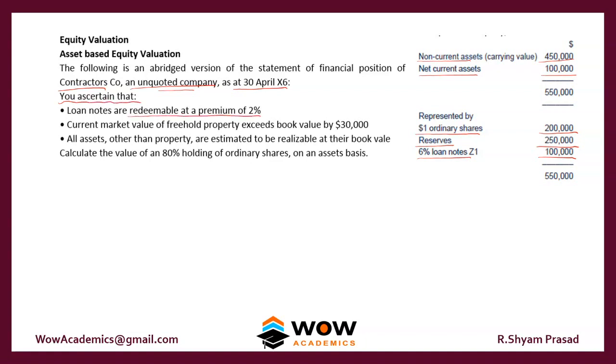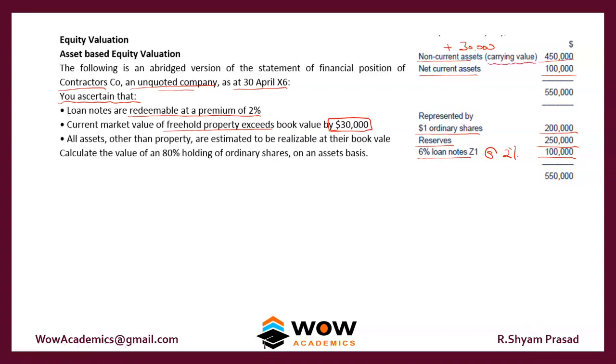So the loan notes can be redeemed at 2% premium. The current market value of freehold property exceeds book value by 30,000. The freehold property would be in the non-current asset, so you can add another 30,000 because the value of the freehold property exceeds the book value. Book value is this number 4,50,000.